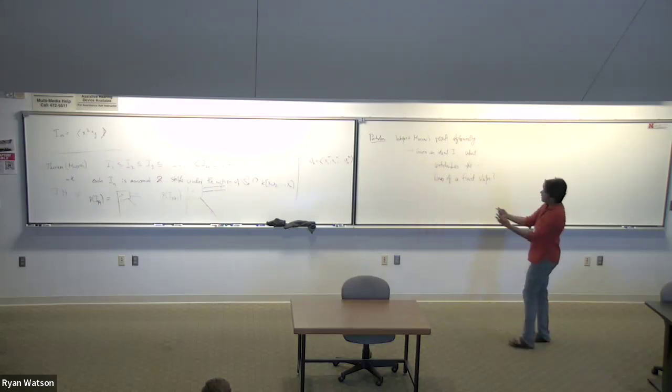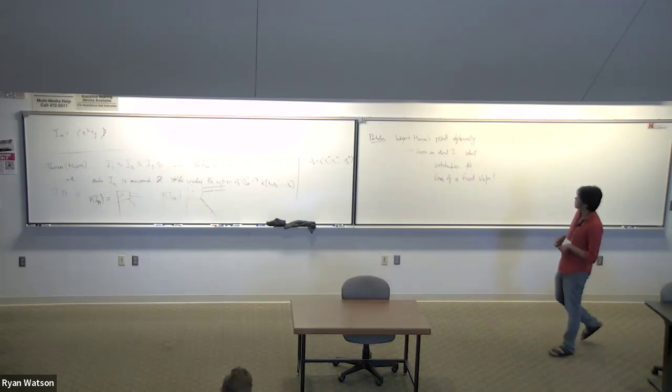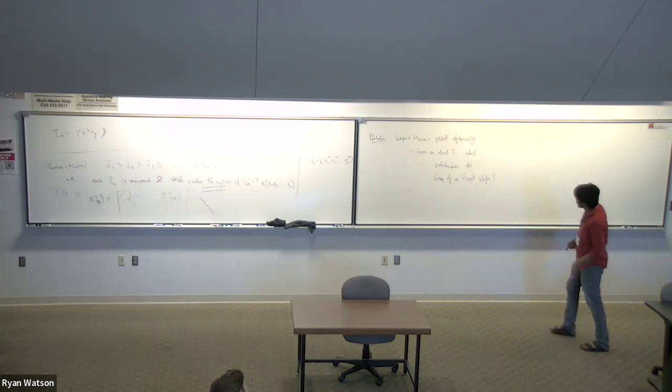For example, can you give me another module that is related to I, which sees everything of slope 0, slope 1, slope 2, and so on?